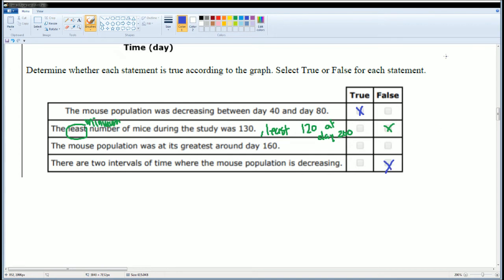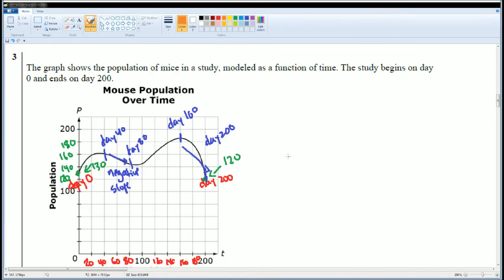Oh, we missed one. The mouse population is greatest at that number. So greatest is referred to as your maximum. And let's see if 160 makes sense. Is that its highest value? So go up. Right here, this is its highest value. It's day 160, but what is its mouse population at that day?